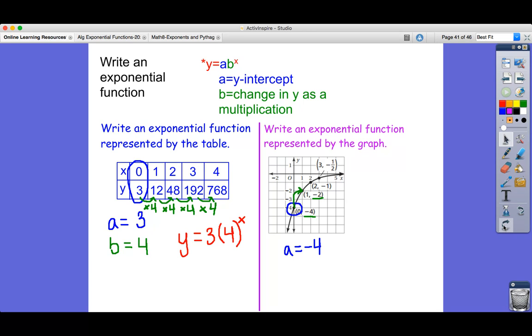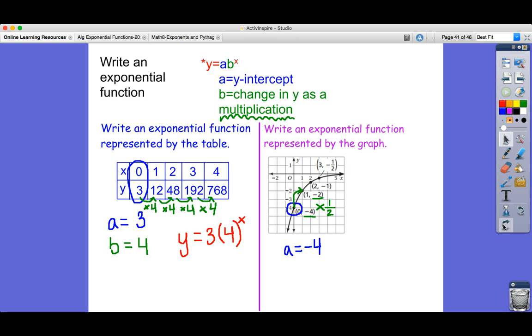So we're thinking, what do I need to do to -4 to turn it into -2 as a multiplication? We can't just think of this as, oh, I need to divide by 2, because it has to be a multiplication. So we are thinking, all right, what do I multiply by? Well, this time you're going to multiply by 1/2.